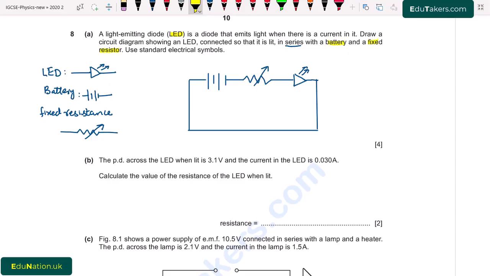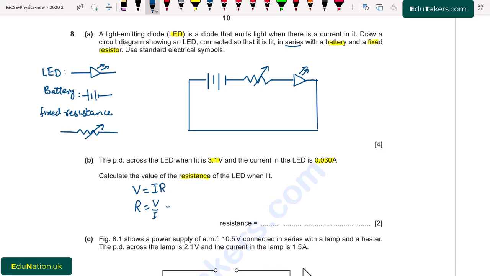Part B. The potential difference across the LED when it is lit is 3.1 volt. The current in the LED is 0.030 ampere. Calculate the value of resistance of the LED when it is lit. So here we have to calculate the resistance, and by using Ohm's law we know that V is equal to IR.